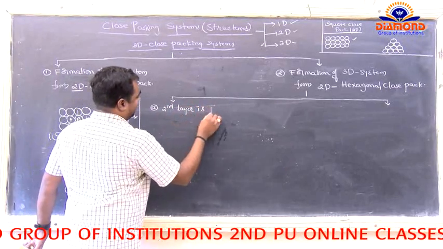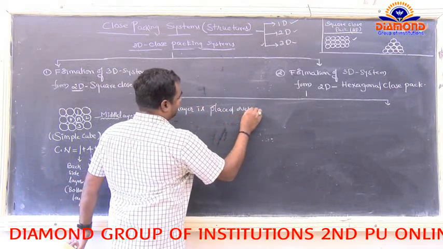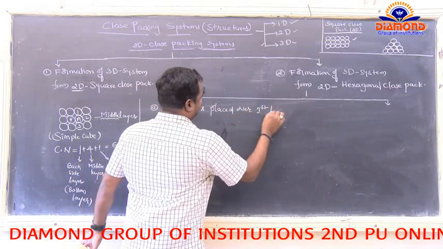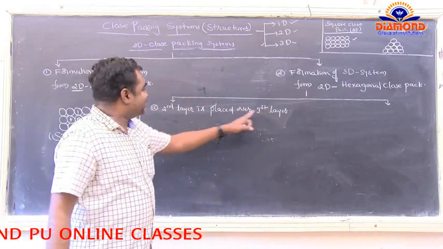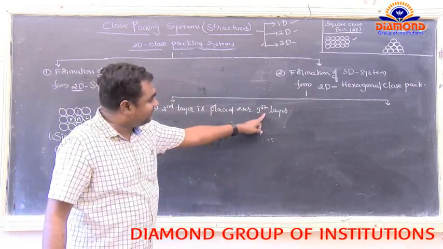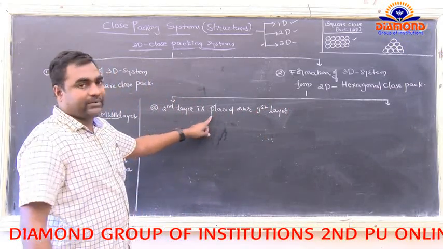The second layer is placed over the first layer. So first layer का ऊपर second layer रखना. So first layer का ऊपर second layer रखने का और रखेंगे this type of arrangement.